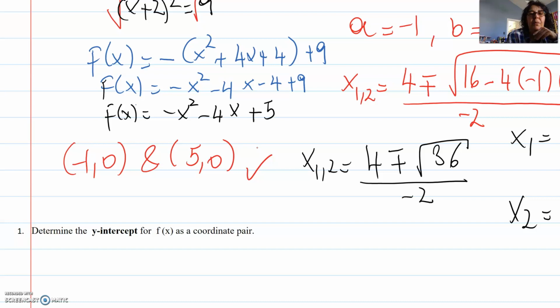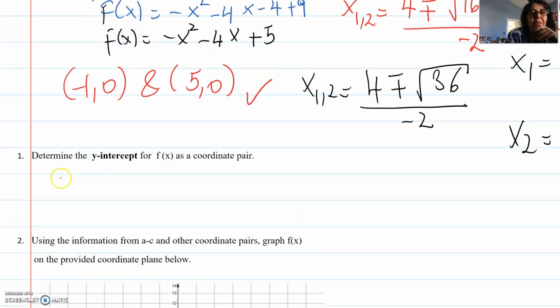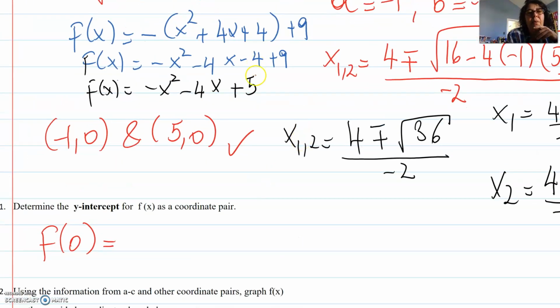All right, y-intercept. Y-intercept happens at f of 0. And then that will be, what was the function? Yeah, I can see that on my notes. Negative 0 plus 2 squared plus 9.